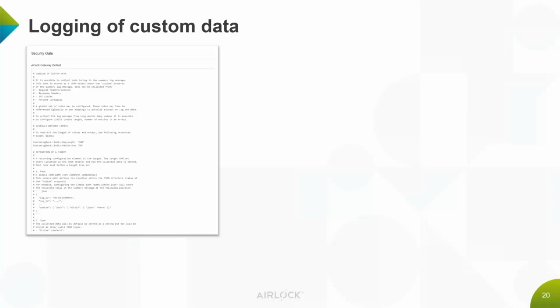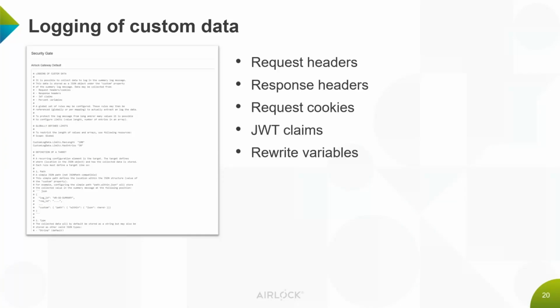Some customers requested that it should be possible to add additional information in the summary log message. Things like request headers, response headers, request cookies, JWT claims, and rewrite variables are now possible by using an expert setting shown here to add this kind of information in the summary log message.